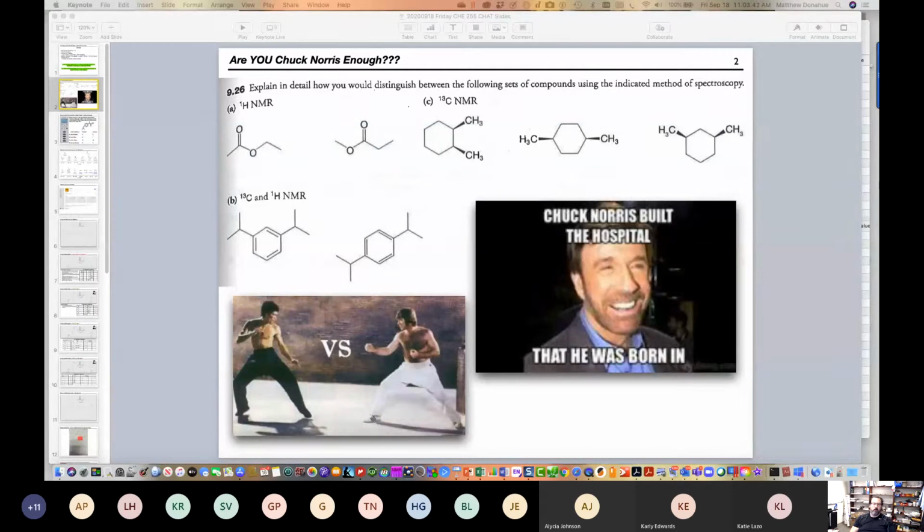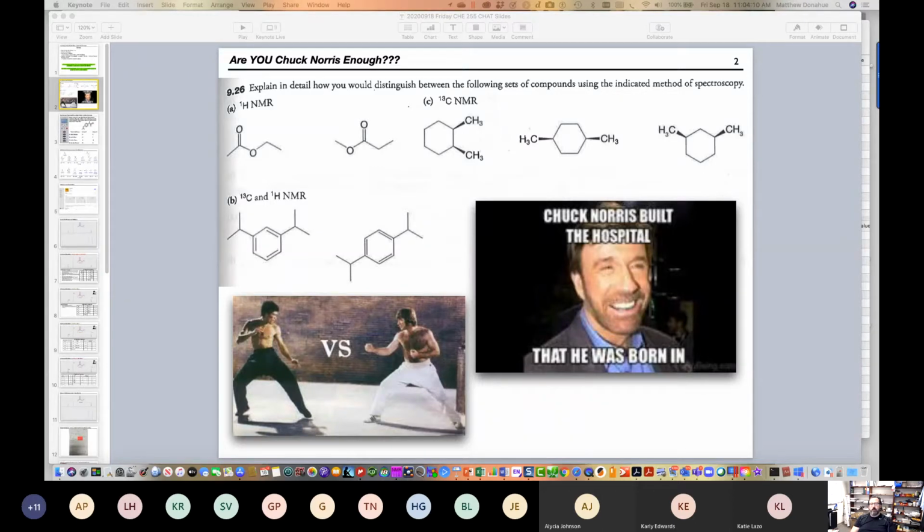So they both have the same molecular formula, which looks like C4H8O2. So C4H8O2. So they're constitutional isomers. They both have esters. How many unique sets of hydrogens are there?